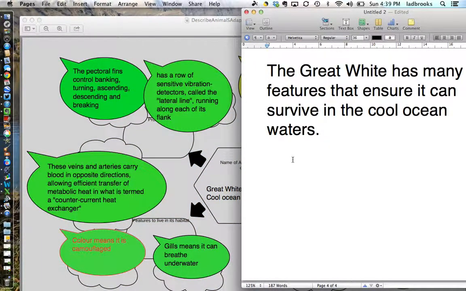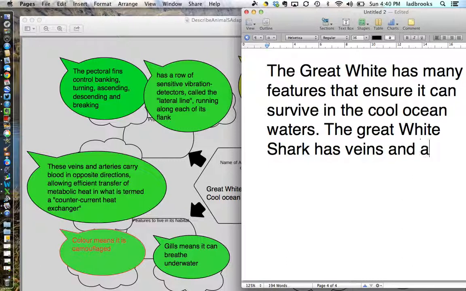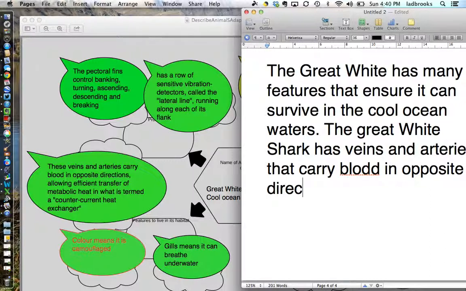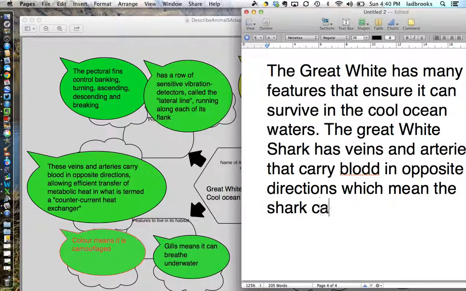Okay, so I'm going to change this to: the great white shark has veins and arteries that carry blood in opposite directions, which mean the shark can stay warm in cool waters.